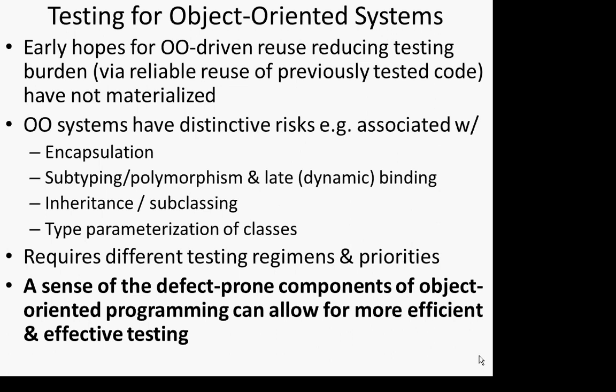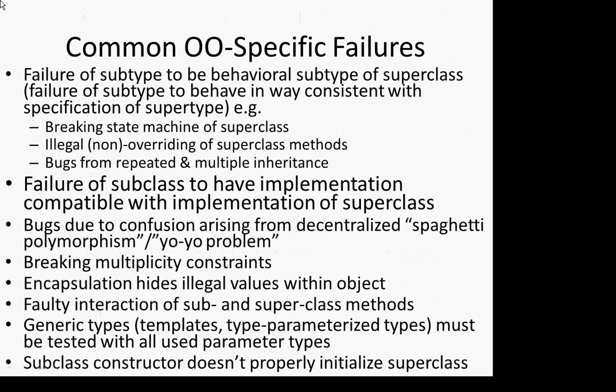So I'm giving you this lecture because there's some real risks associated with object-oriented code, and a sense of where things may be defective within that code can really allow for more effective testing, more efficient testing which leverages the limited amount of resources available, the limited time, the limited energy, the limited effort you have at your disposal, and puts it to things that really matter in the program.